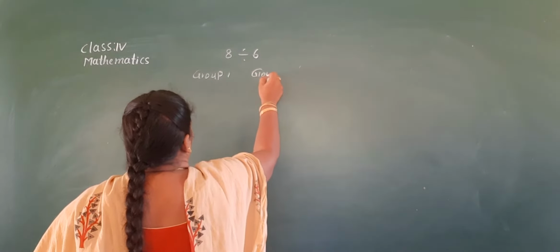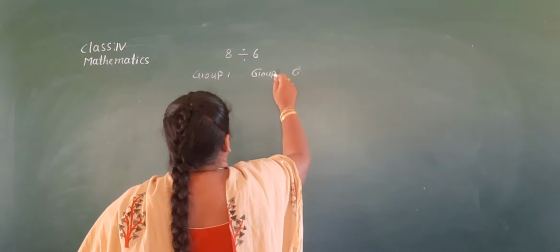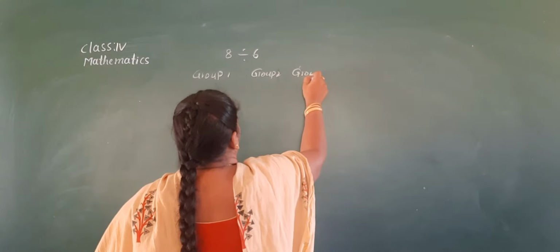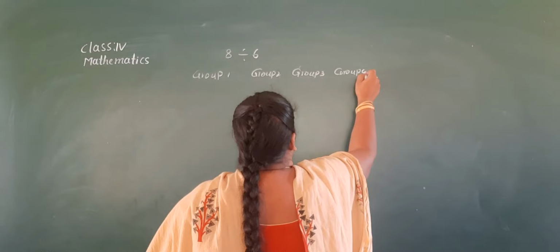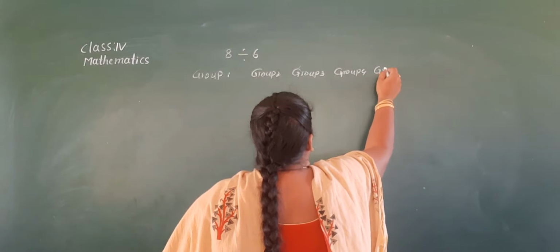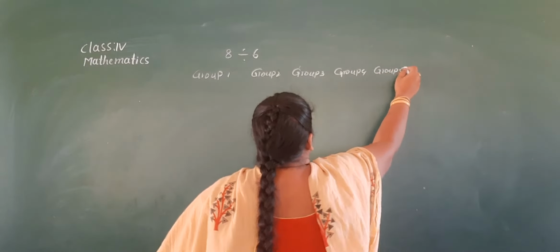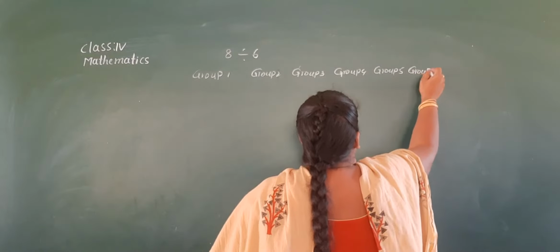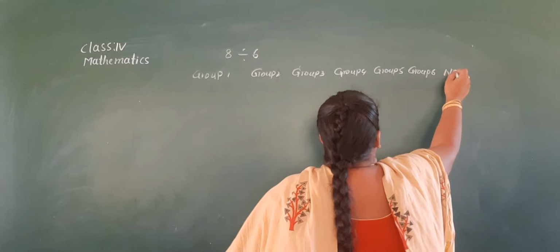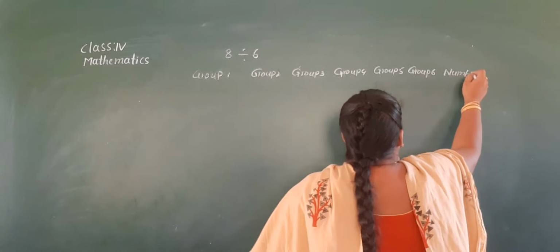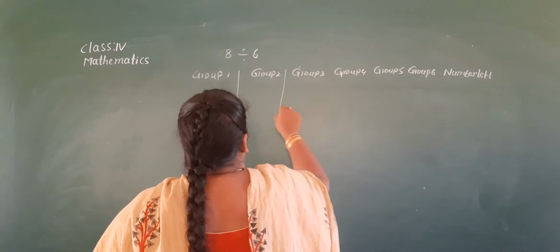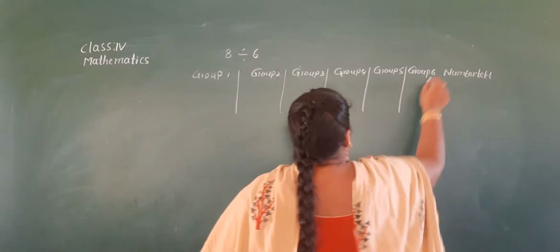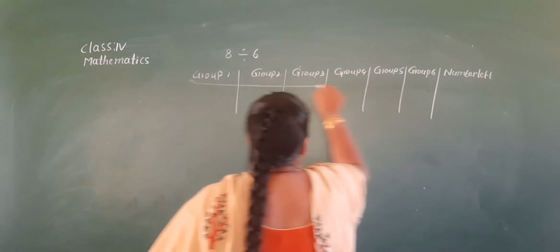Listen: group 1, group 2, group 3, group 4, group 5, group 6, and a number left. Like that we will make 6 groups and a number left.